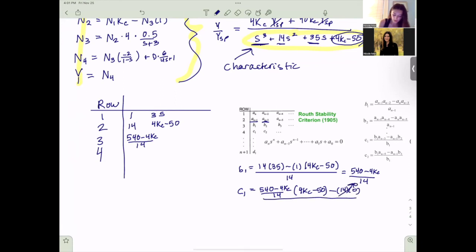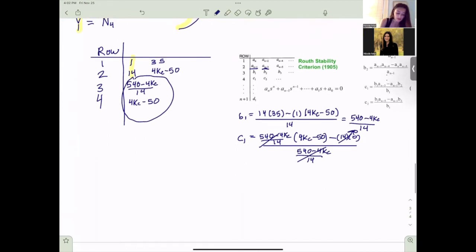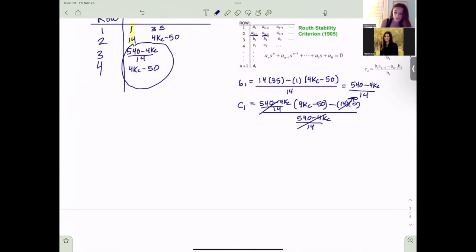That will all be over that b_1 that we just solved for. So when we simplify this, it's just that constant that we've been seeing, 4Kc minus 50. So these two values right here are already positive. Now we just need to find what values of Kc will make these positive. That will lead us to our final answer of a range of Kc values.